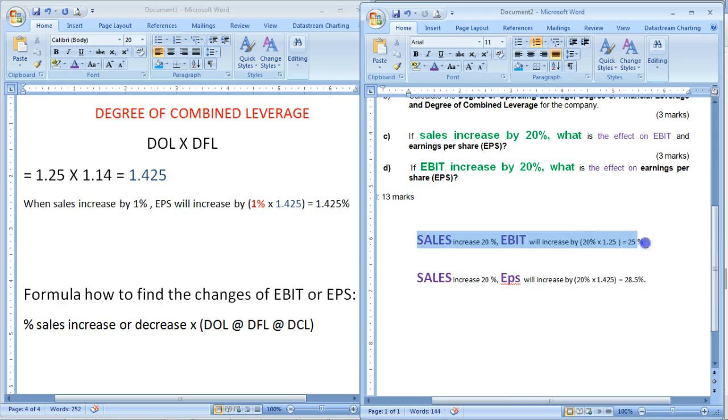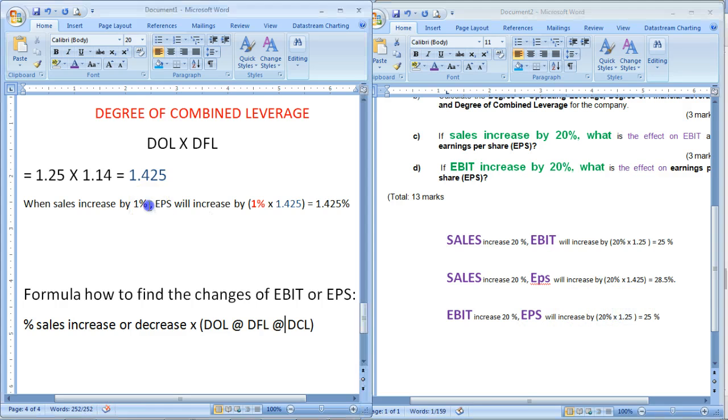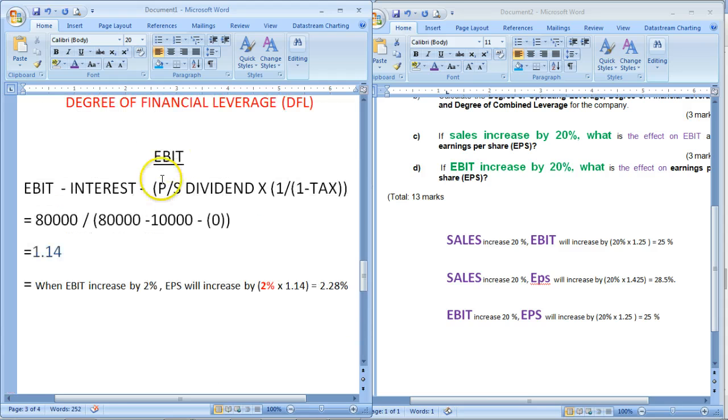You can use the same explanation. However, now does the new question give you sales or EBIT? The question gives you EBIT. When the question gives you EBIT, to see the effect on your EPS, automatically you have to use your DFL indicator.